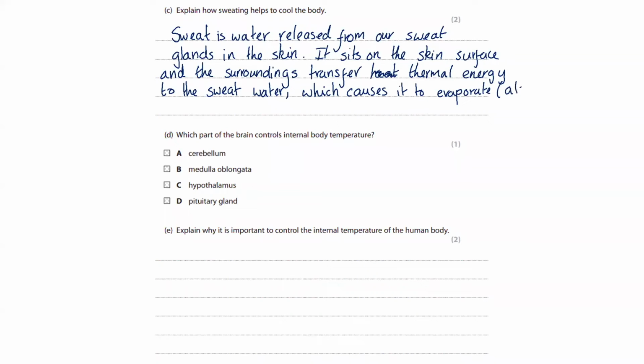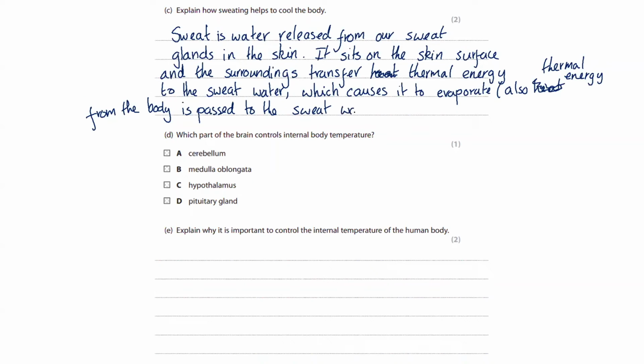So also heat from the body, thermal energy. Yeah, don't worry about crossing things out like me in an exam. They know you've done those. So thermal energy from the body is passed to the sweat water.